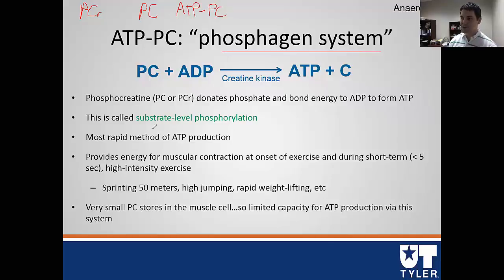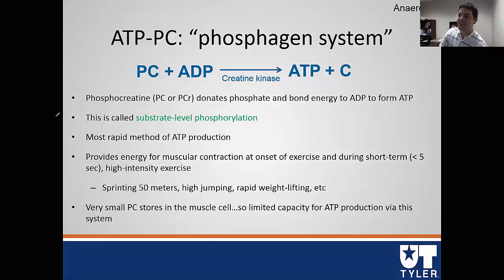We also have the phosphagen system, which I won't write out. It's also spoken of as the CK reaction or creatine kinase reaction, based on the enzyme that does it. And I think that locks them up. So again, lots and lots of names to make everything nice and confusing for you.